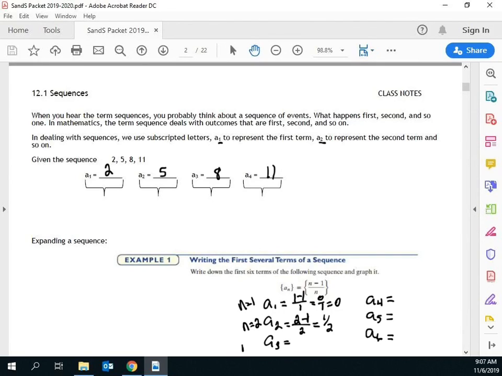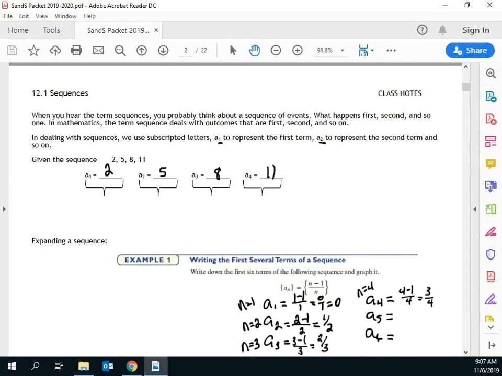And then you go on, the next one. We're just doing the same thing. All we're doing is taking the equation and plugging in what term we're on into the variable. So 3 minus 1 over 3 is 2/3. 4 minus 1 over 4 is 3/4.